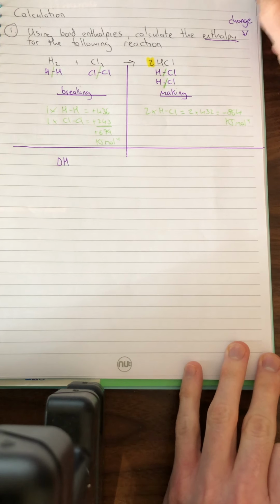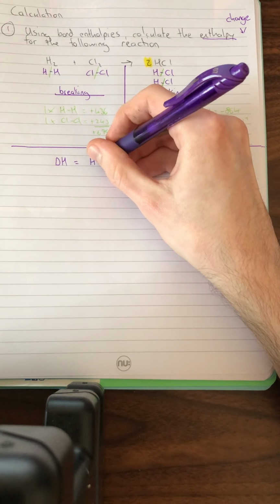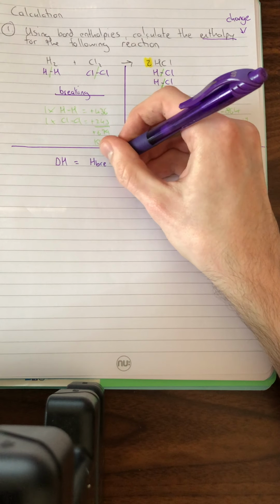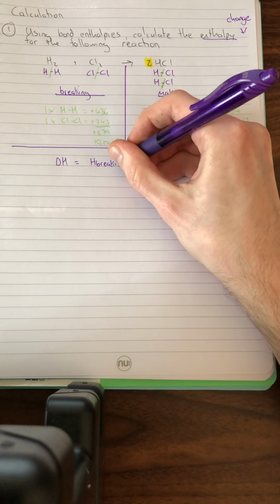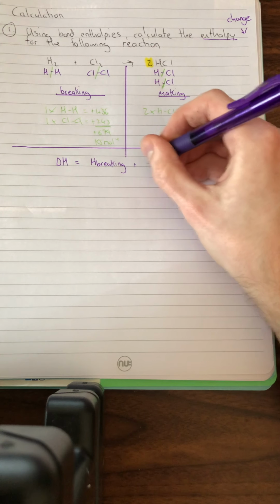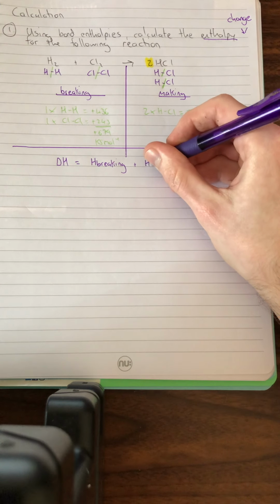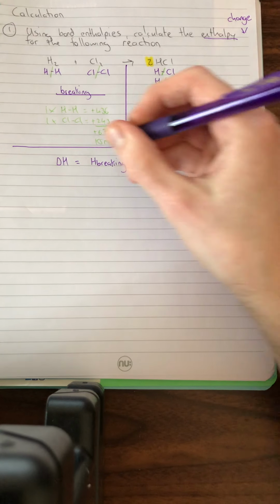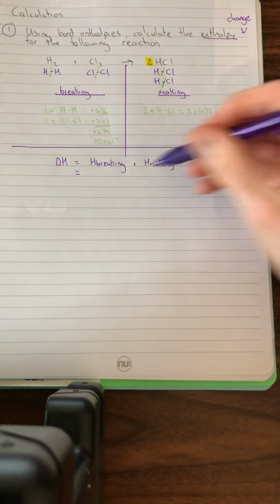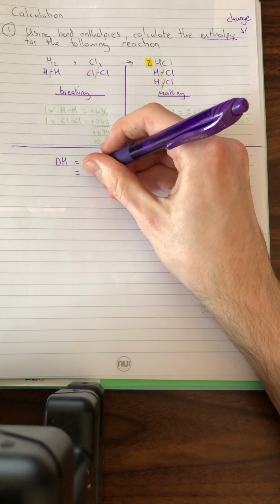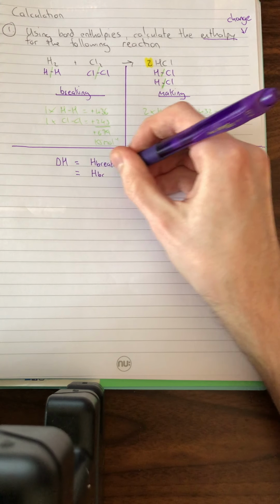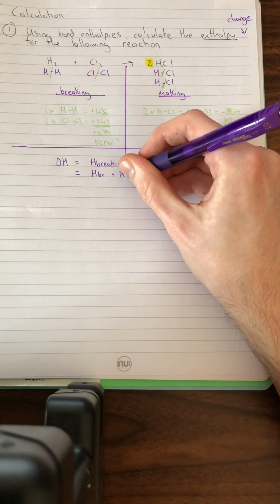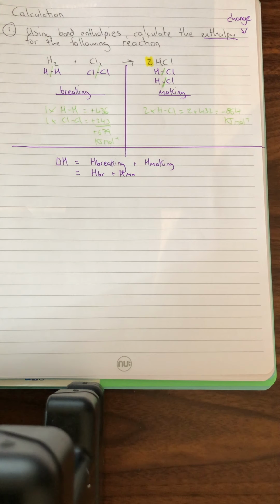Okay, so to get your enthalpy change, which is delta H, you have to do the enthalpy of the breaking, add the enthalpy of the making. Okay, now what you can do, because you don't want to be writing that out every single time, you can just write H breaking plus H making, just to shorten it down.